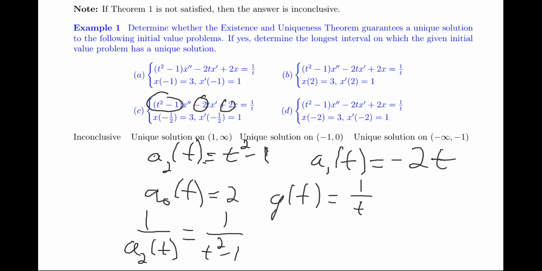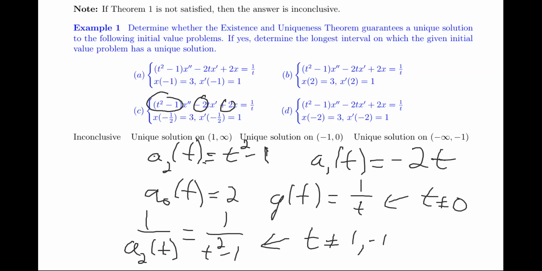Now, we want to find the intervals for which all of these are continuous at the same time. Notice that here we cannot have t equal to 0, and this one implies that t cannot be 1 or negative 1.